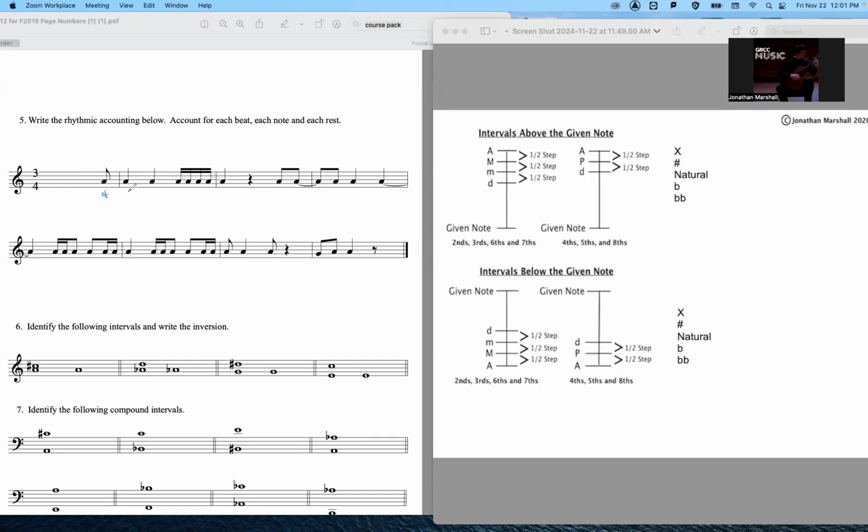So you're gonna start with the one in parentheses, then and two, three, and you have one. You can do the rest on your own.